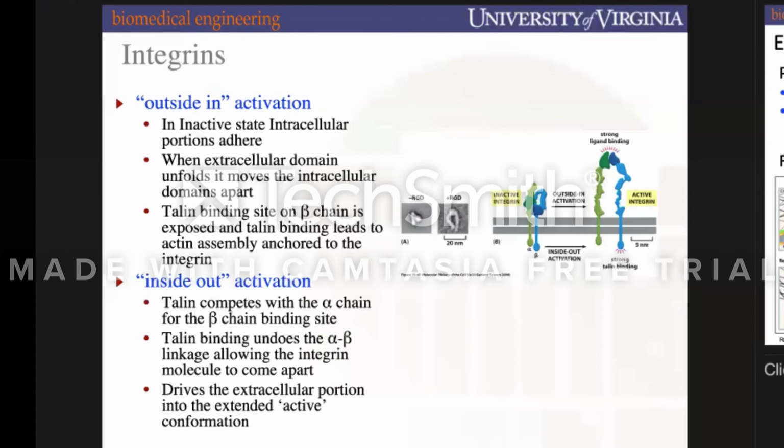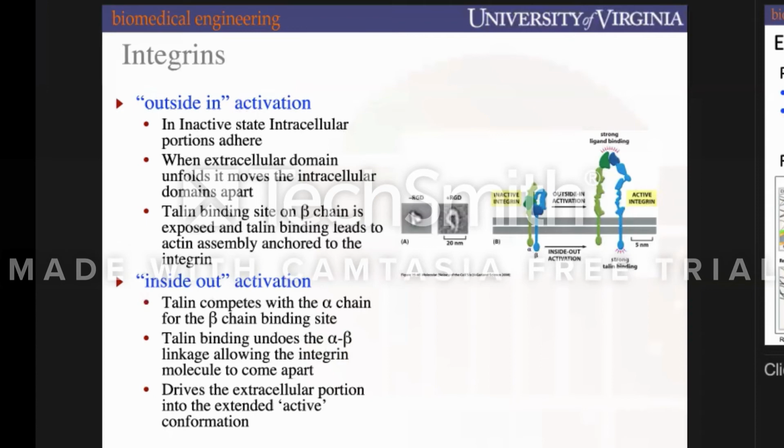Inside-out is where talin will actually compete when there's already an open integrin. Talin is trying to compete with the alpha chain over the beta chain binding site. And so this competition with talin will actually promote the integrin to become available and bind to the outside ECM.